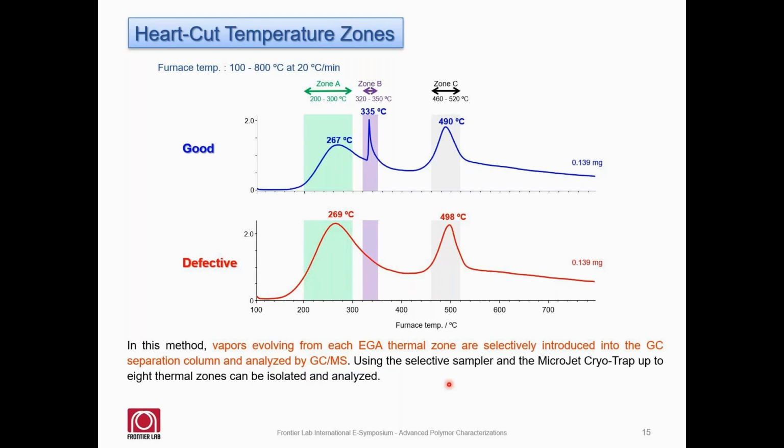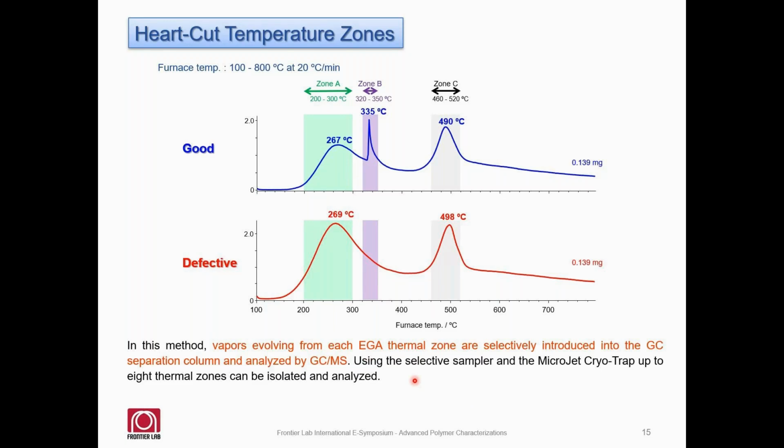This is mainly useful for performing the heart cut analysis. We have also coupled it with the microjet cryo trap, and we can fragment up to 8 thermal zones, but here we have only fragmented into 3.